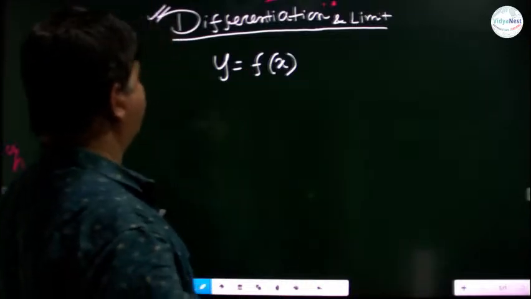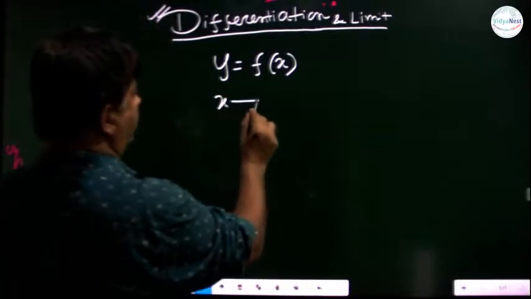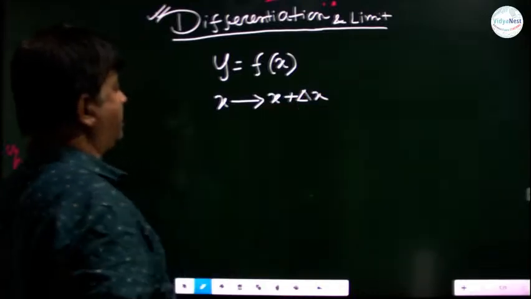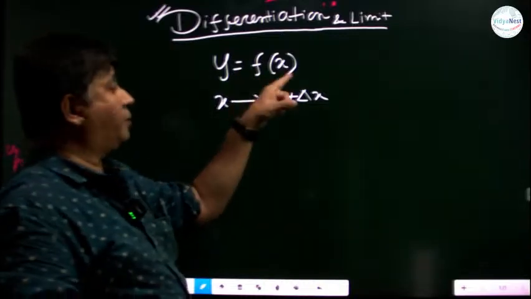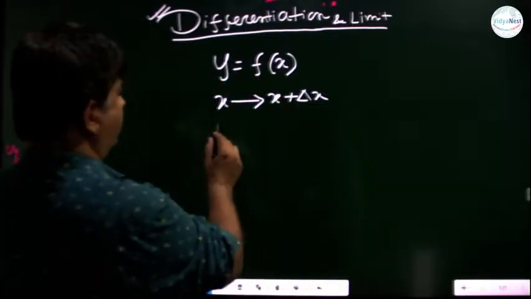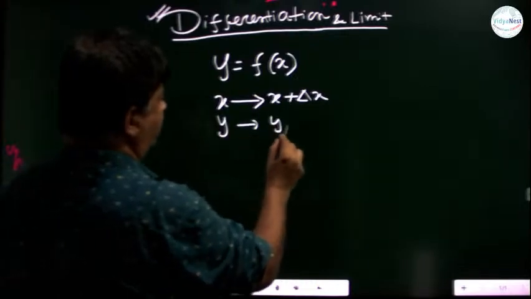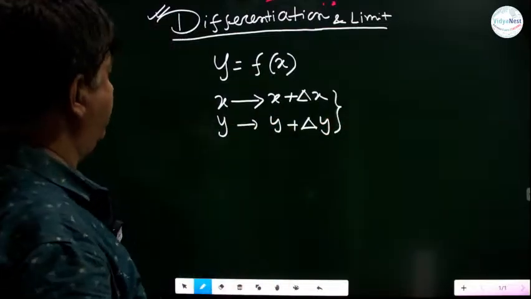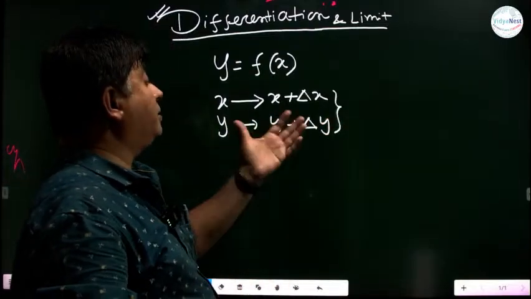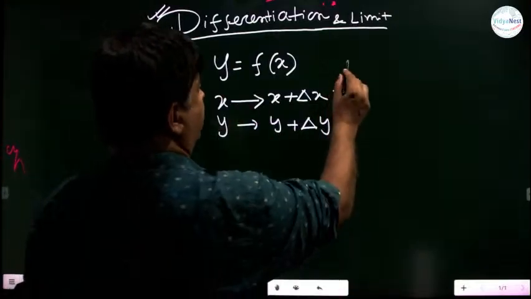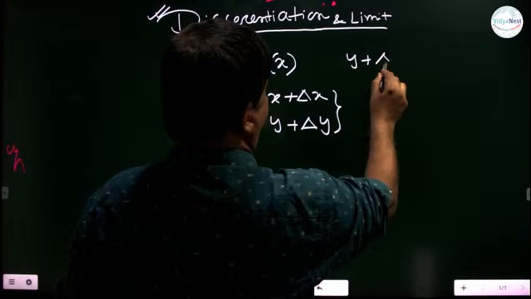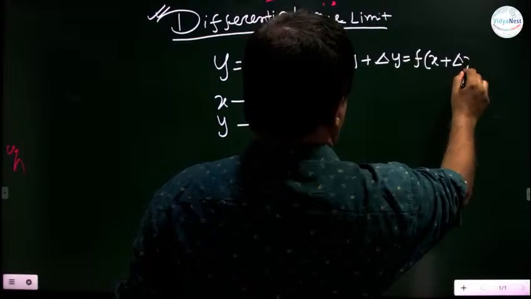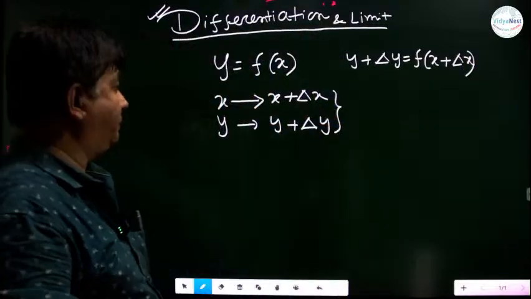Now, x is incremented by delta x, means x has become x plus delta x, and as y depends on x, y will also be increased to y plus delta y. Okay. So what is the new relation between y and x? Then y plus delta y is equal to f(x plus delta x). Okay.